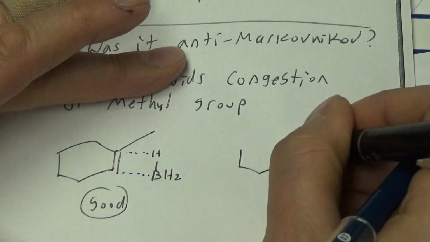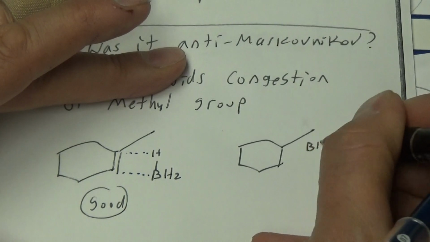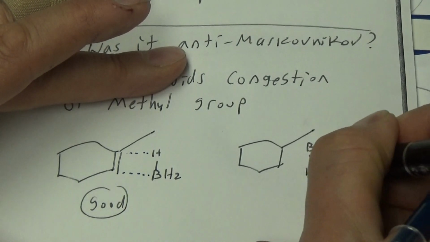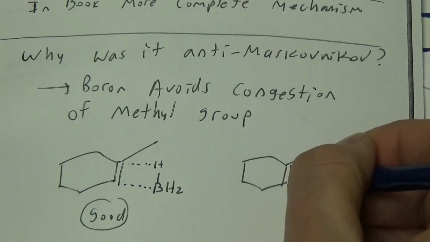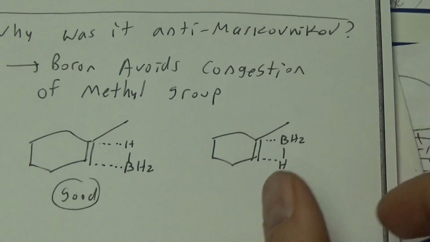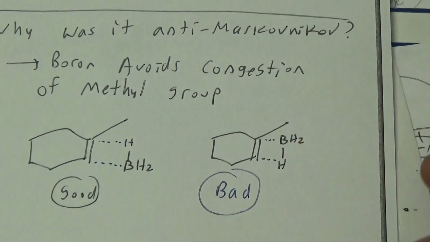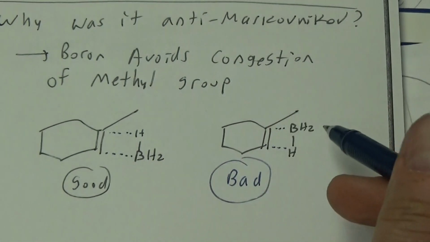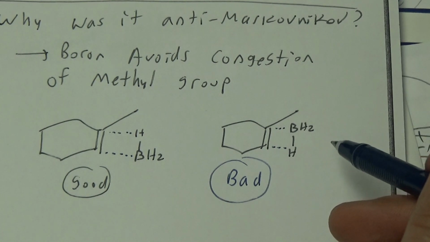The alternate way would be BH2 kind of that way, and that would be bad. So that makes sense, and that explains why hydroboration oxidation is an anti-Markovnikov method.